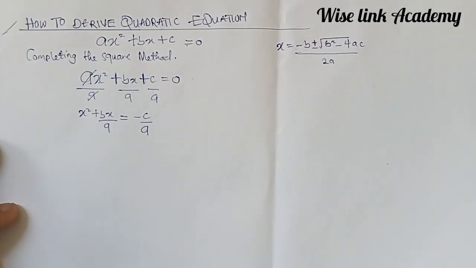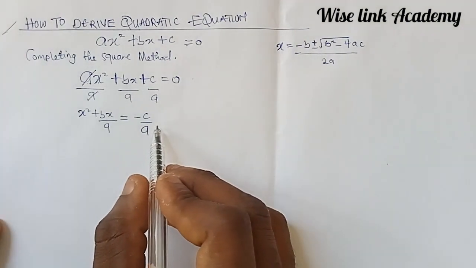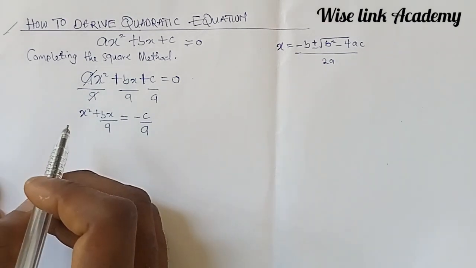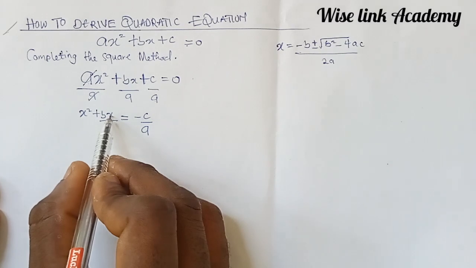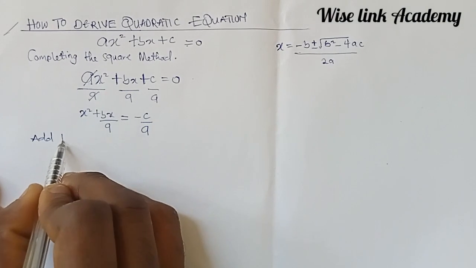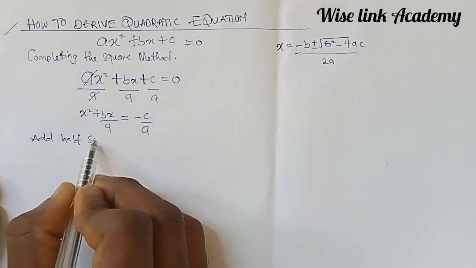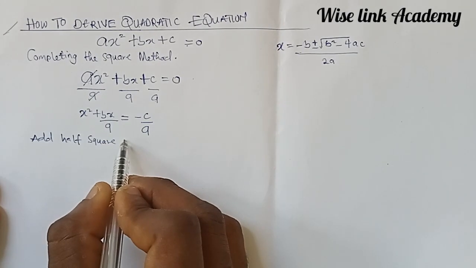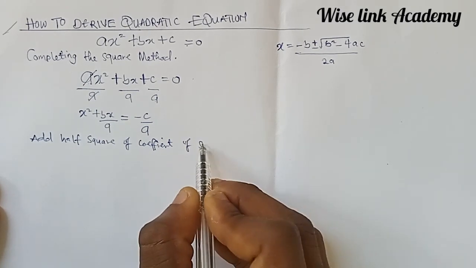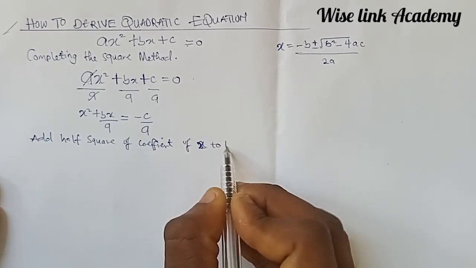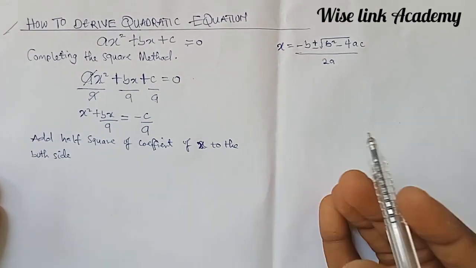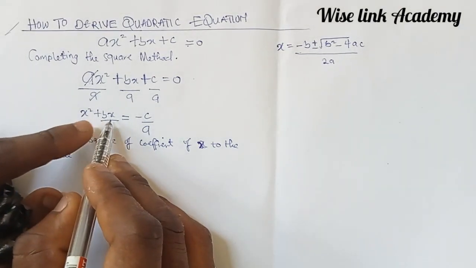So the next thing to do is to add half of the coefficient of x, squared, to both sides. The coefficient of x here is b over a.